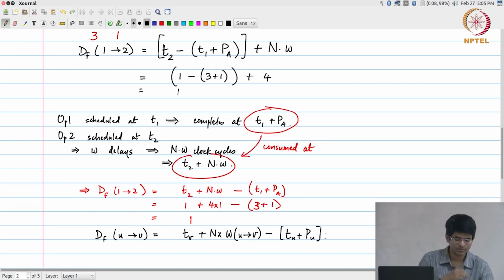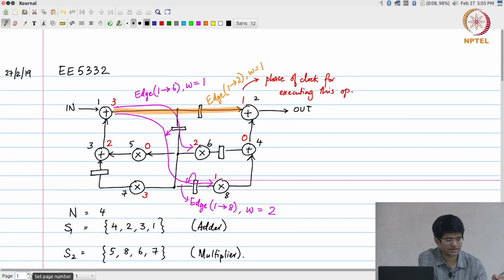So in general you can compute the DF value like this for any pair of nodes in the original graph. If we go back and look at this, I can pick any pair of nodes and write down the DF value in this way and compute it.